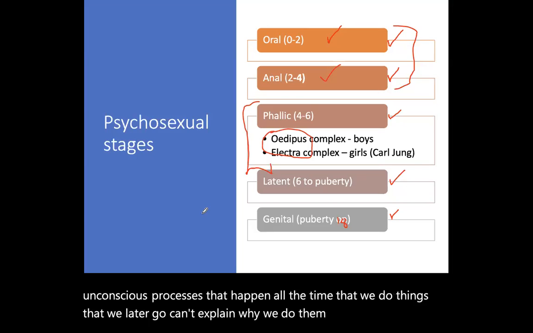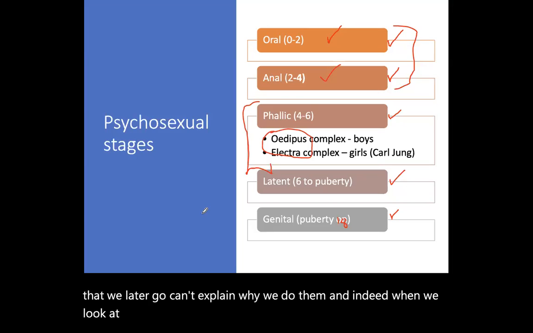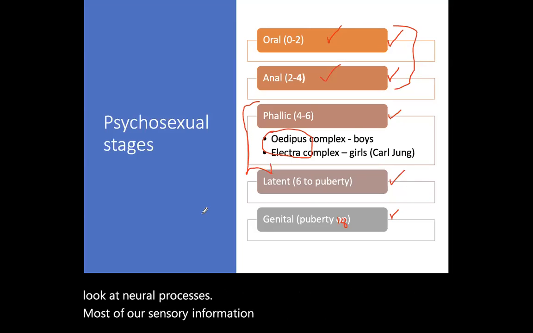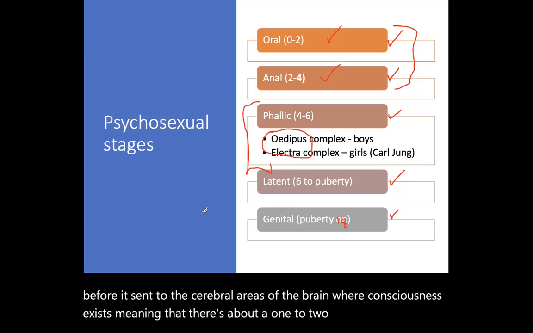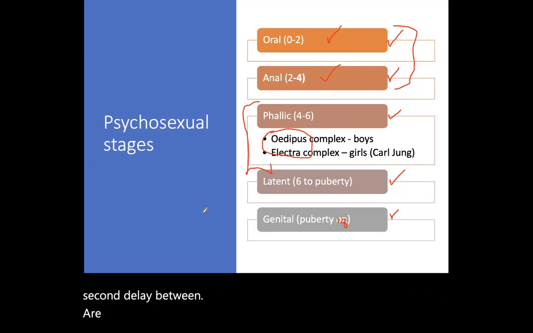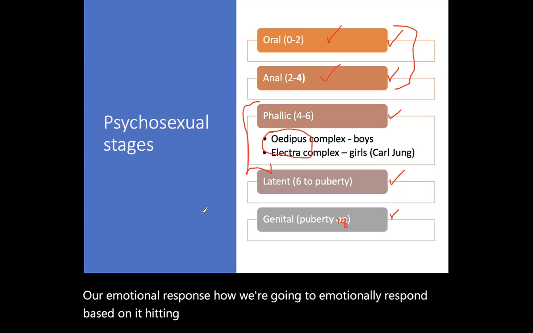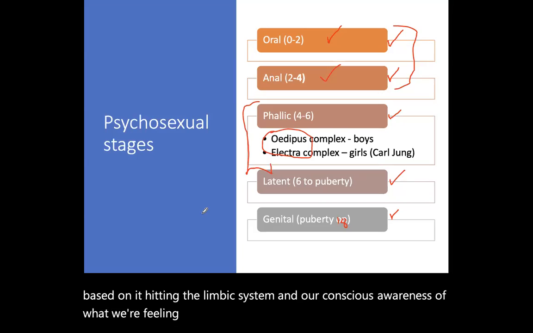And indeed, when we look at neural processes, most of our sensory information goes to the limbic system first, before it's sent to the cerebral areas of the brain where consciousness exists, meaning that there's about a 1 to 2 second delay between our emotional response, based on it hitting the limbic system, and our conscious awareness of what we're feeling or what we're going through.